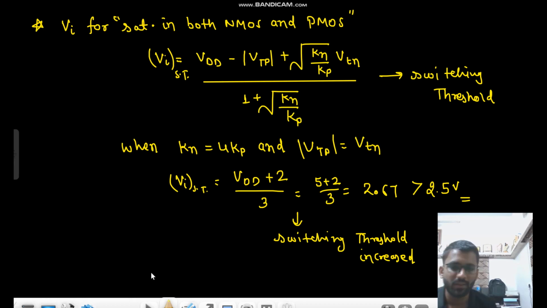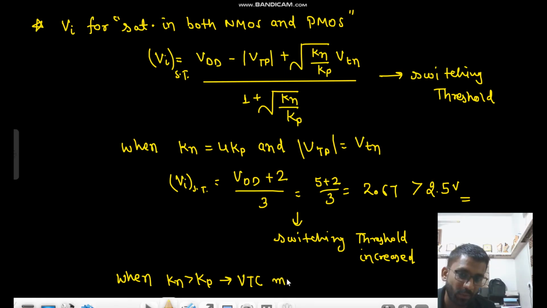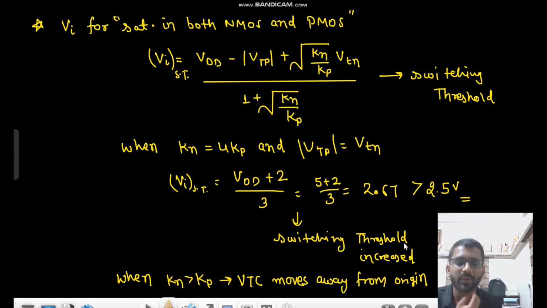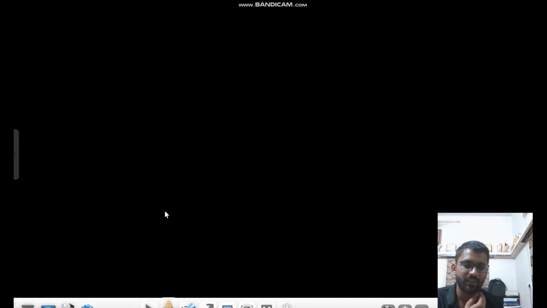So basically when Kn is greater than Kp, the voltage transfer characteristics move away from origin, right? Because at a higher value of V in, we will get the switching threshold.